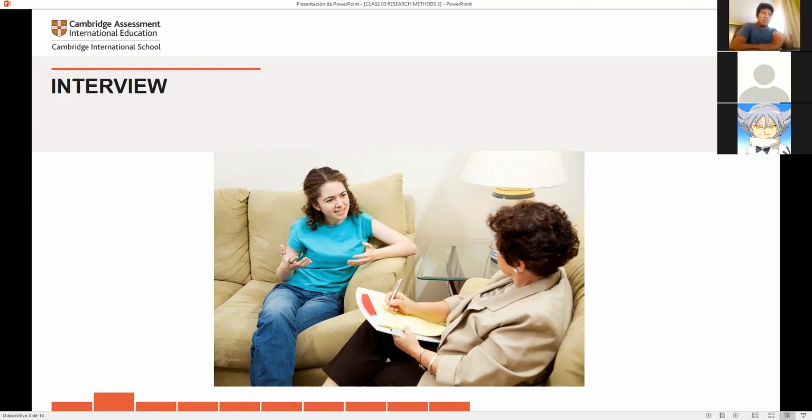As you see in the image, the person taking notes is not only taking notes, and many times the interviewer or the researcher doesn't even look at the book or at the papers they are taking notes about. They tend to look into the eyes of the interviewee, and there they show their social empathy and support.